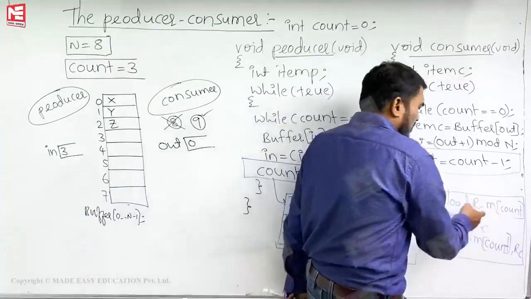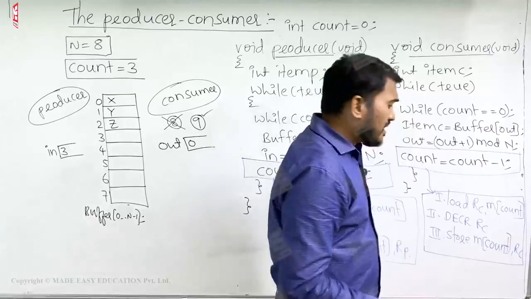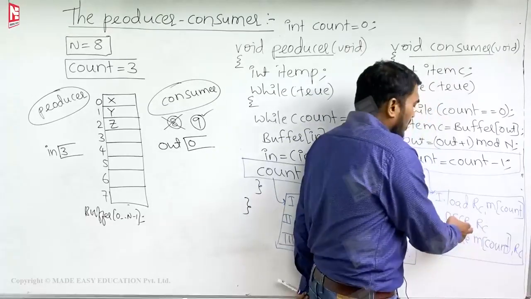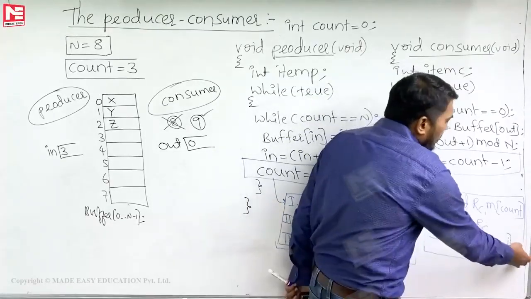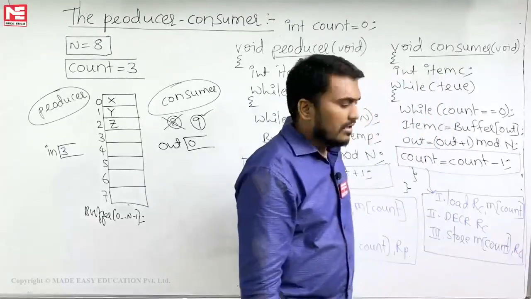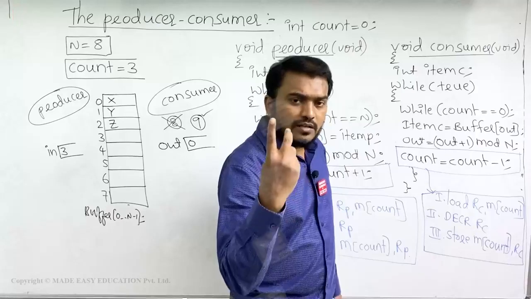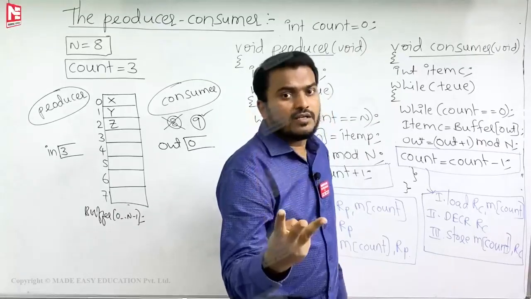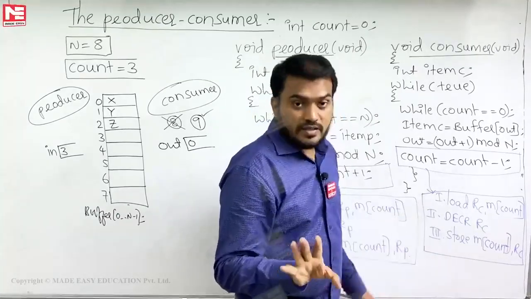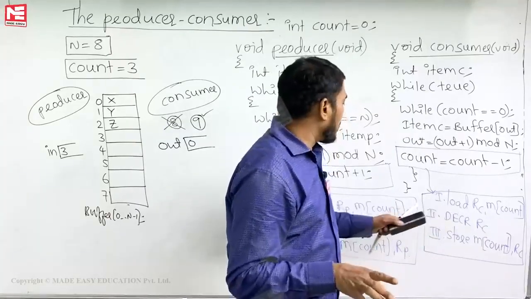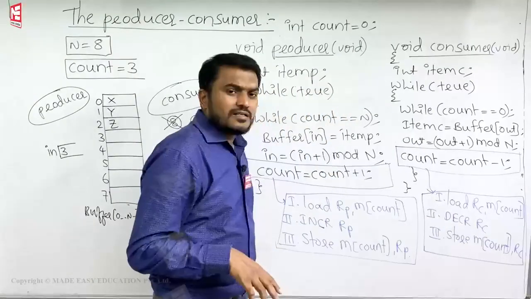So loading the count value into the register, then decrementing the register value, and next storing the decremented register value back into count. So count equal to count minus 1 will execute in 3 instructions: loading, decrementing, and then storing. You need to remember the decrementation instructions and incrementation instructions.